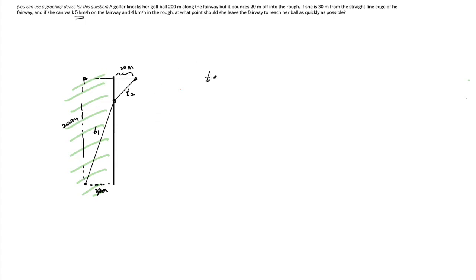So T1 will be, if you call that distance 1, D1 over 5 kilometers per hour, and then T2 will be distance 2 over 4.